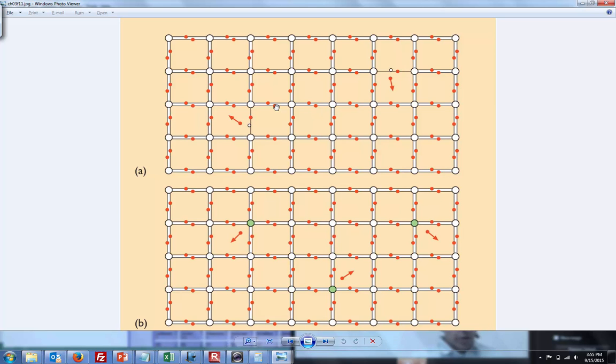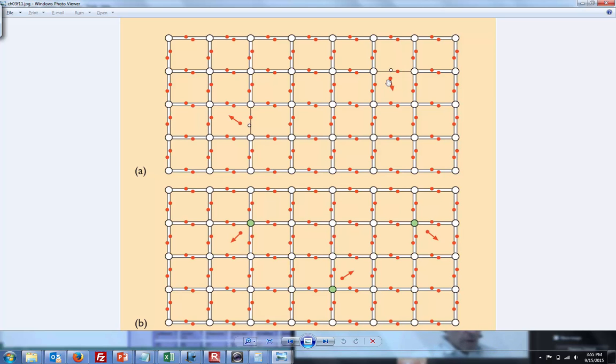Occasionally, thermal vibrations or a photon of light will spontaneously provide enough energy to promote one of the electrons into the conduction band, which I just mentioned, where the red dot is free to travel through the crystal and conduct electricity. So this could be thermal. It could be a photon coming in and smacking it.